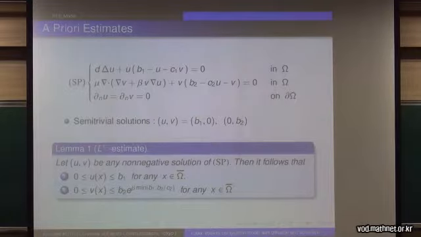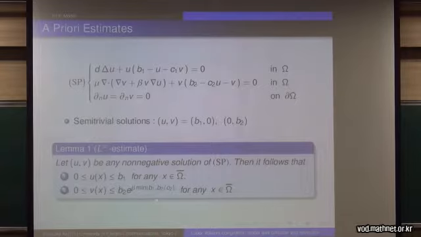So here it is easy to check that this problem has a couple of semi-trivial solutions. Okay? A semi-trivial solution means a solution u, v in which one of the elements vanishes. Okay? So SP has two semi-trivial solutions, u equals B1, v equals 0, and u equals 0, v equals B2.